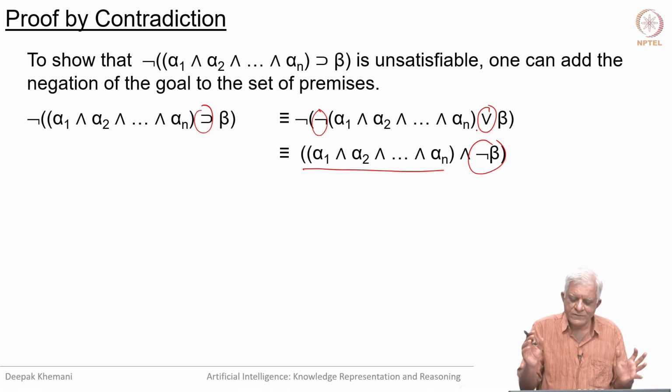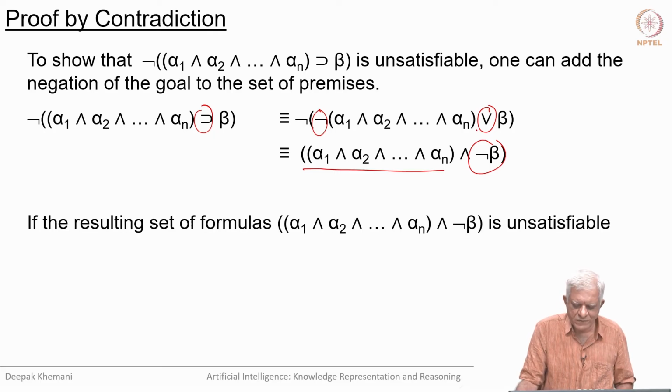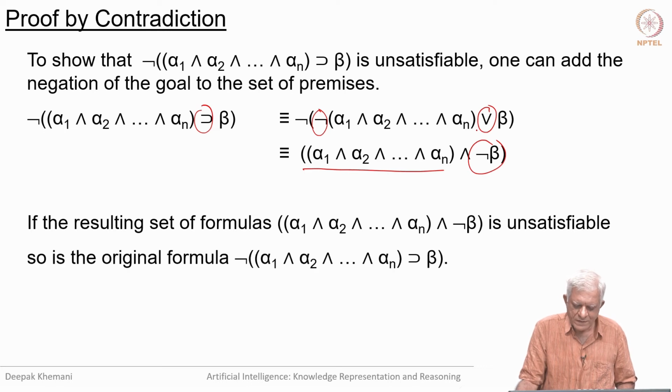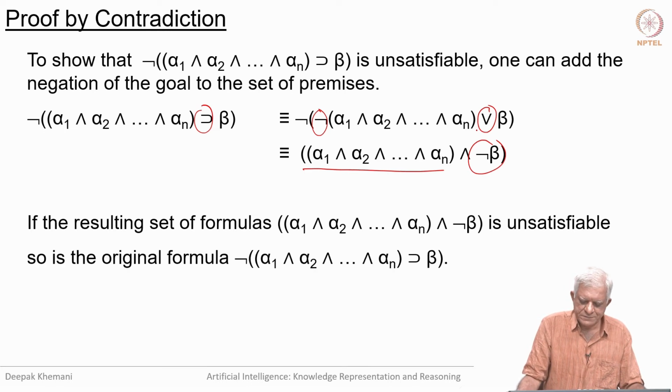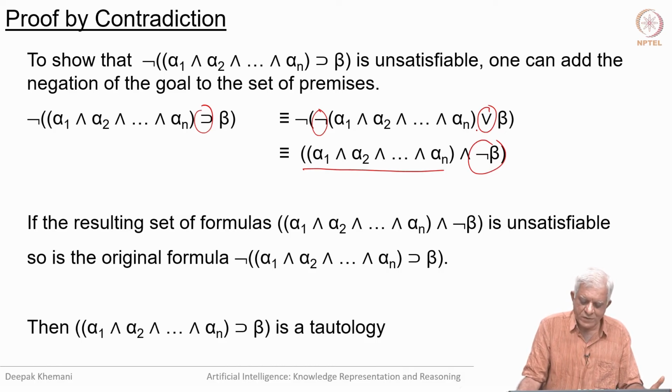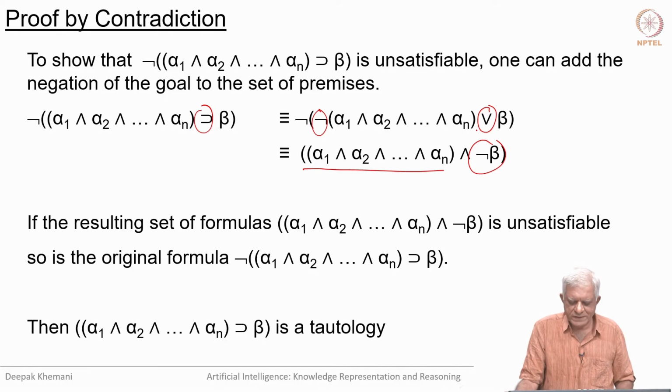So, we have a formula which is in CNF form, assuming alpha 1, alpha 2 and alpha n are in that form. So, if this set of clauses is unsatisfiable, then so is the original formula that we started with, which means that original formula without the negation is a tautology, and that is what we want to show.